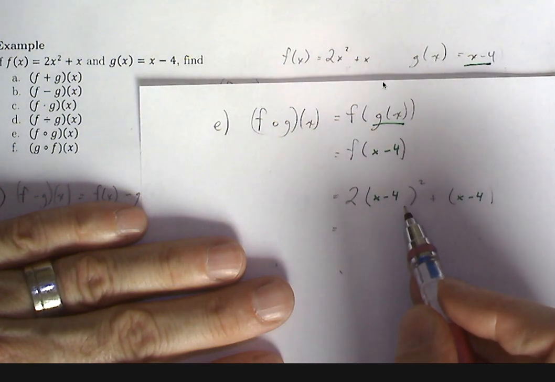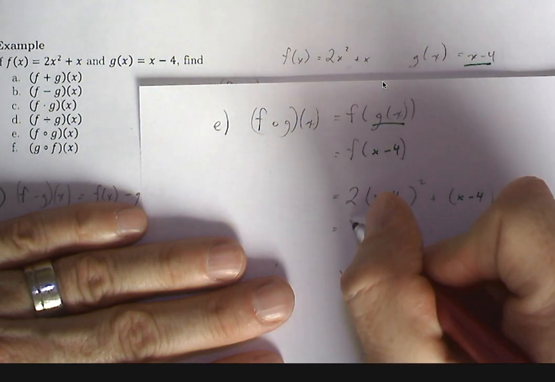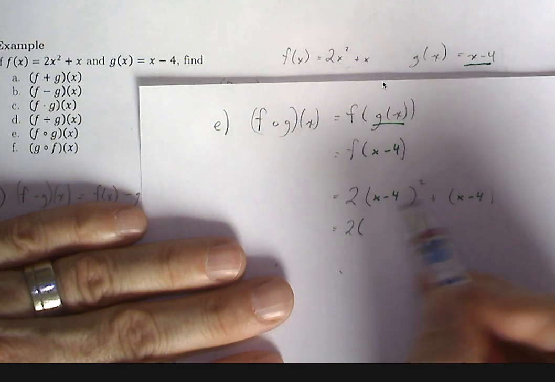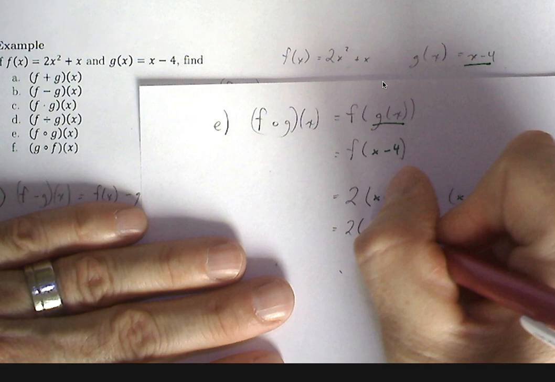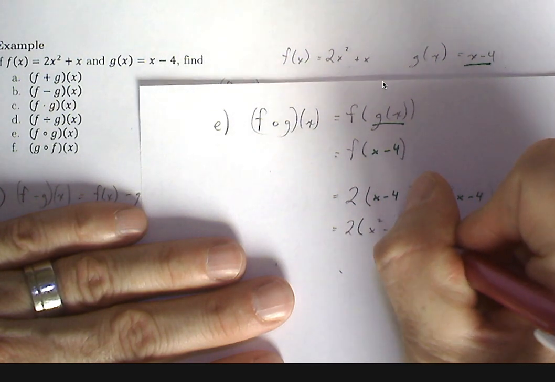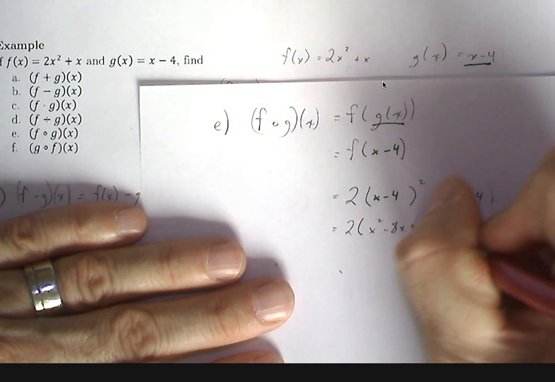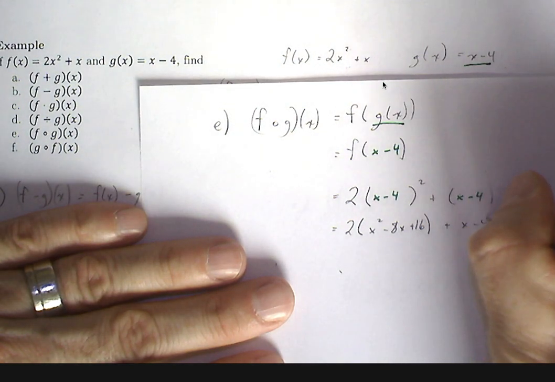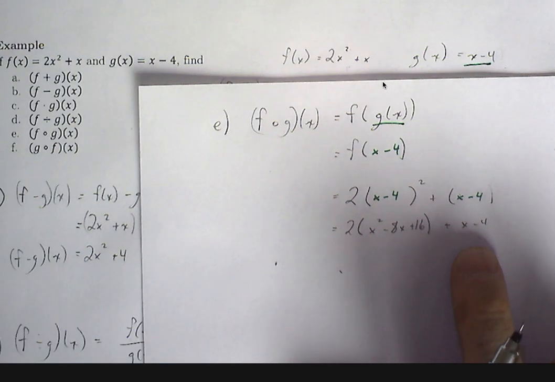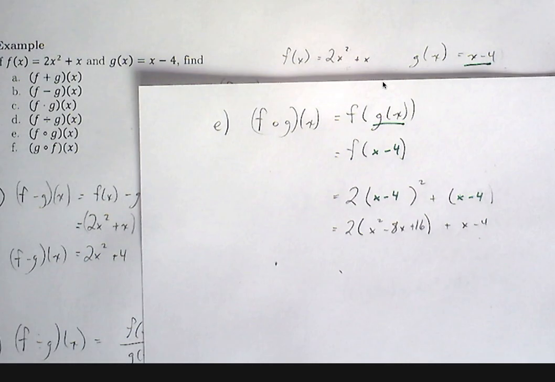So on the right-hand side of this equation, this is a perfect square. So if I square x minus 4, it turns into x squared minus 8x plus 16, plus x minus 4. So what did I do there? You may have to multiply that out, but that's really just x minus 4 times x minus 4.